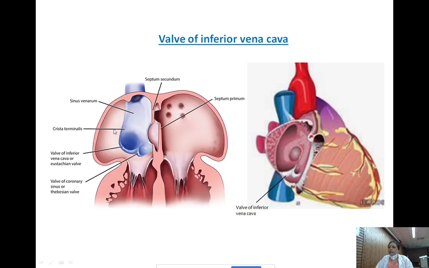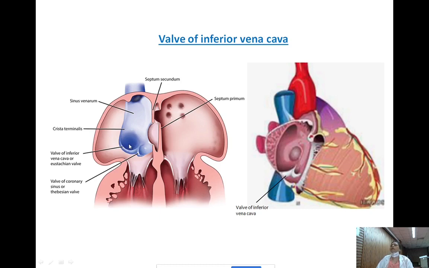You can see that right atrium, this is the rough part, this is the smooth part, known as the sinus venarum. Here the superior vena cava is draining in its upper part, and the inferior vena cava. Superior vena cava has no valve, but the inferior vena cava has a valve, the Eustachian valve or the valve of the inferior vena cava.